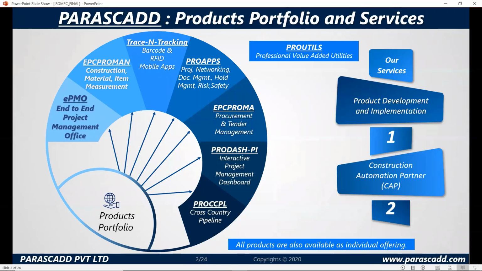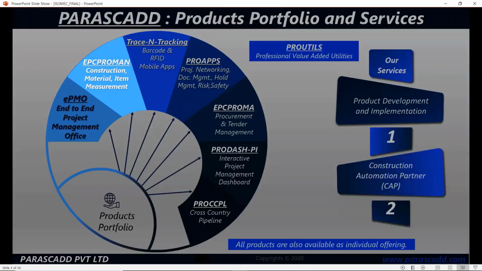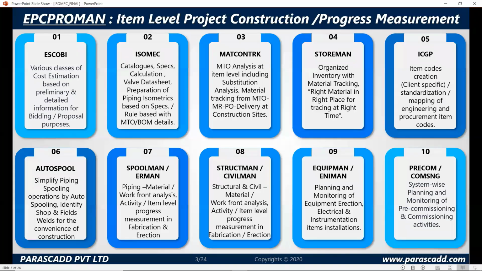So today we are going to focus on EPC ProMan, which is basically based in the construction, material management, and item measurement section. In EPC ProMan, we have different softwares from ESCO-B, ISOMEC, MetContract, StoreMan, ICGP, AutoSpool, Spoolman, YAMan, StructureMan, and CivilMan, Equipman, and INIMan, with pre-commissioning softwares like Precom.